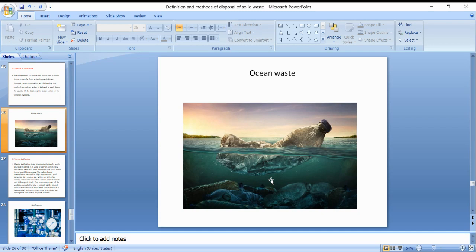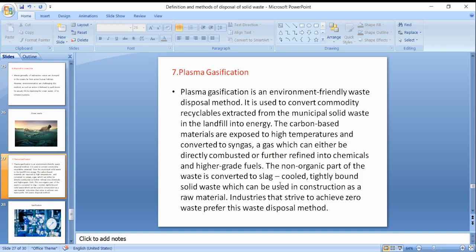So here we are creating a problem for aquatic animals also. We have to make sure not to throw plastic into the sea.